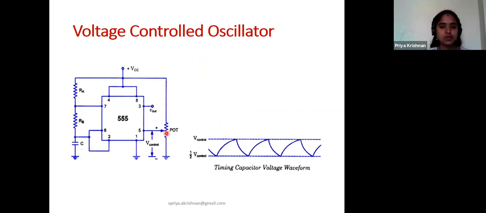I can vary the voltage by varying the potentiometer. If the control voltage can be varied, in turn I can vary the threshold voltage. So I can control the frequency of my on time and off time. That is the voltage controlled oscillator.